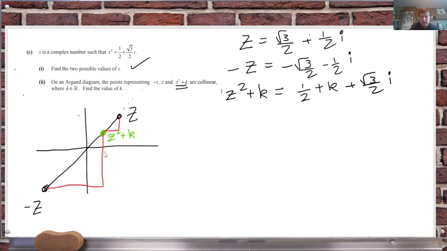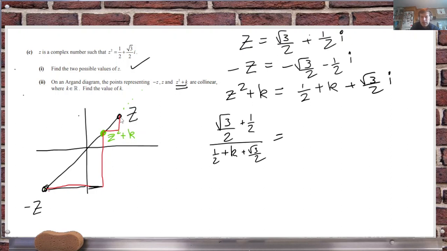Oh sorry, the height here is root 3 over 2, and then the height here is a half, so root 3 over 2 plus a half over, and then this length here is a half plus k, and then this length here is root 3 over 2.